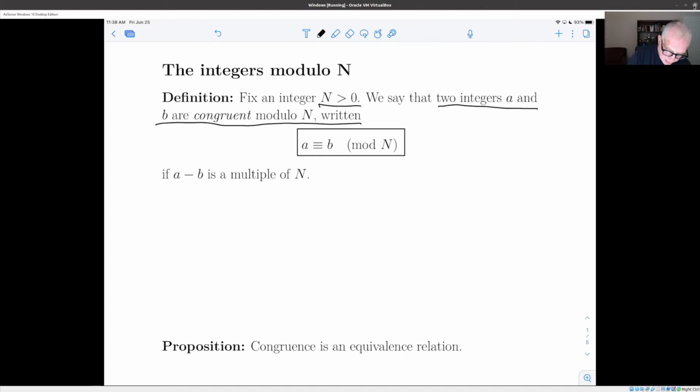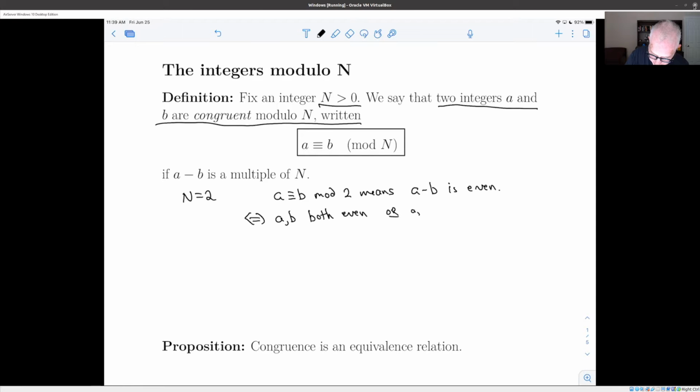So just by way of example, if n is 2, then a is congruent to b mod 2 means that a minus b is divisible by 2. In other words, that a minus b is even. And that happens in two cases. a and b are both even, or a and b are both odd.